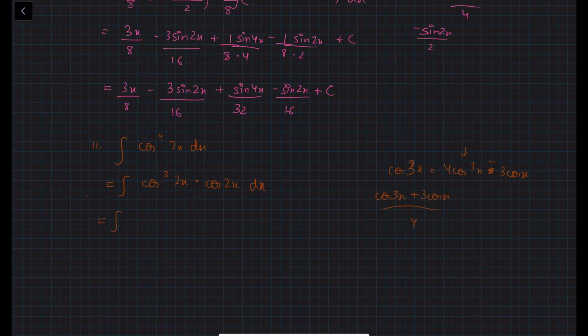So I'm gonna make the substitution here, and of course, here x is 2x. So since there's a cos 3x here, that becomes a cos 3 times 2x, so that's a cos 6x, and 3 cosine x means 3 cosine 2x over 4 times cosine 2x dx.